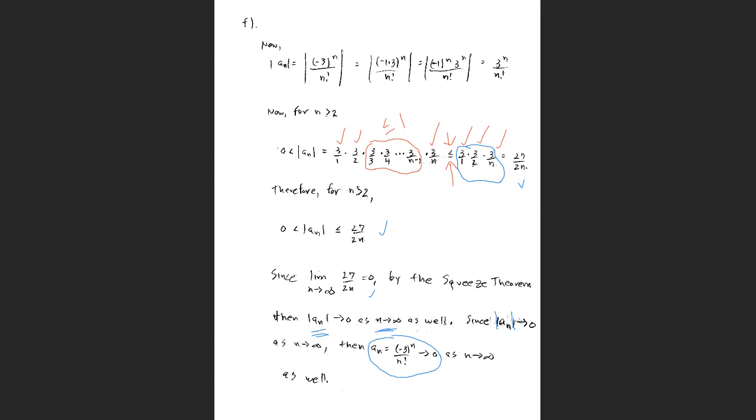You're not going to have a whole lot of problems dealing with the squeeze theorem. You'll have some, but I thought it was good that you see this example. They do another one, example 9 in the book, just so that you have an example of it. Are there any questions?